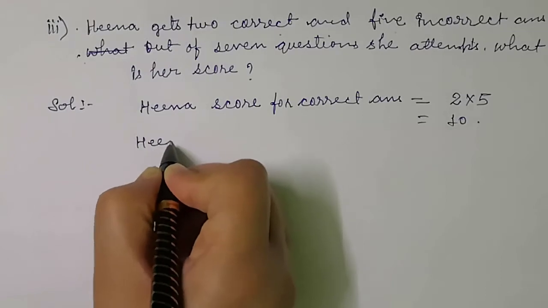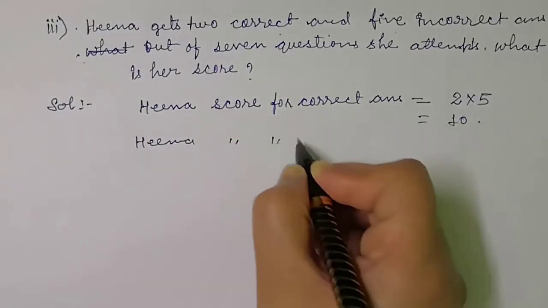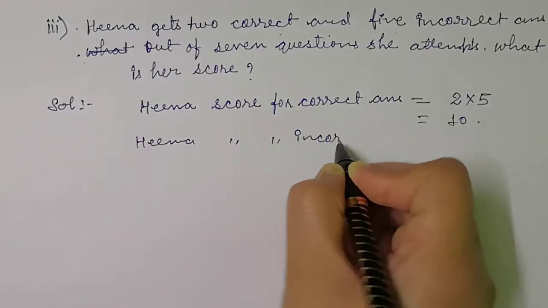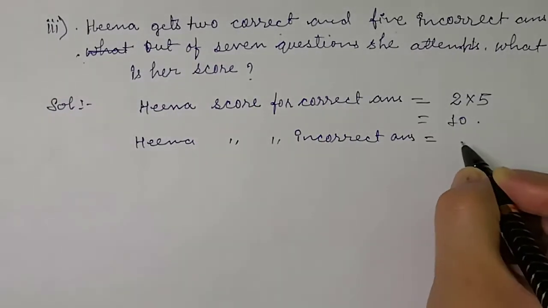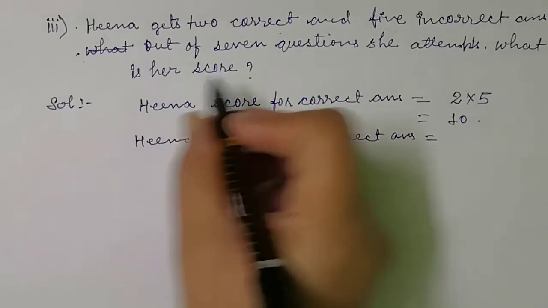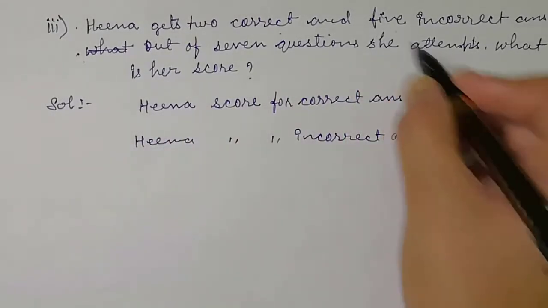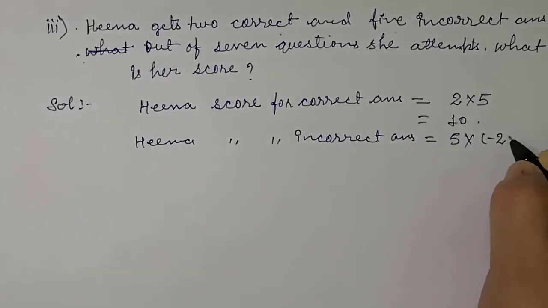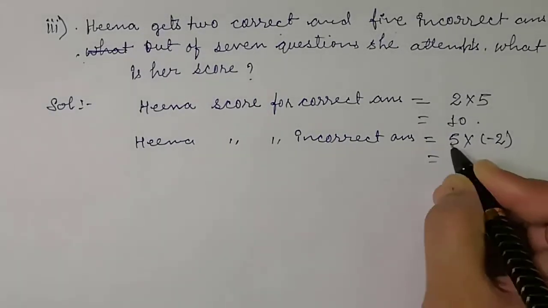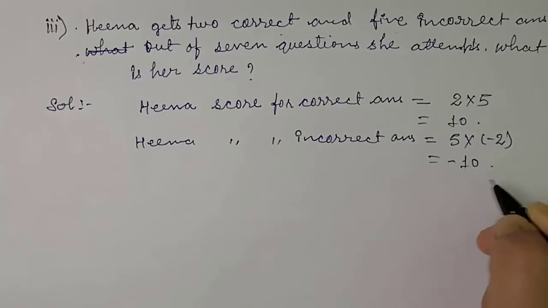Now Hina's score for incorrect answers: the total number of incorrect answers is 5, and marks for each incorrect answer is -2. 5 2s are 10, -10.